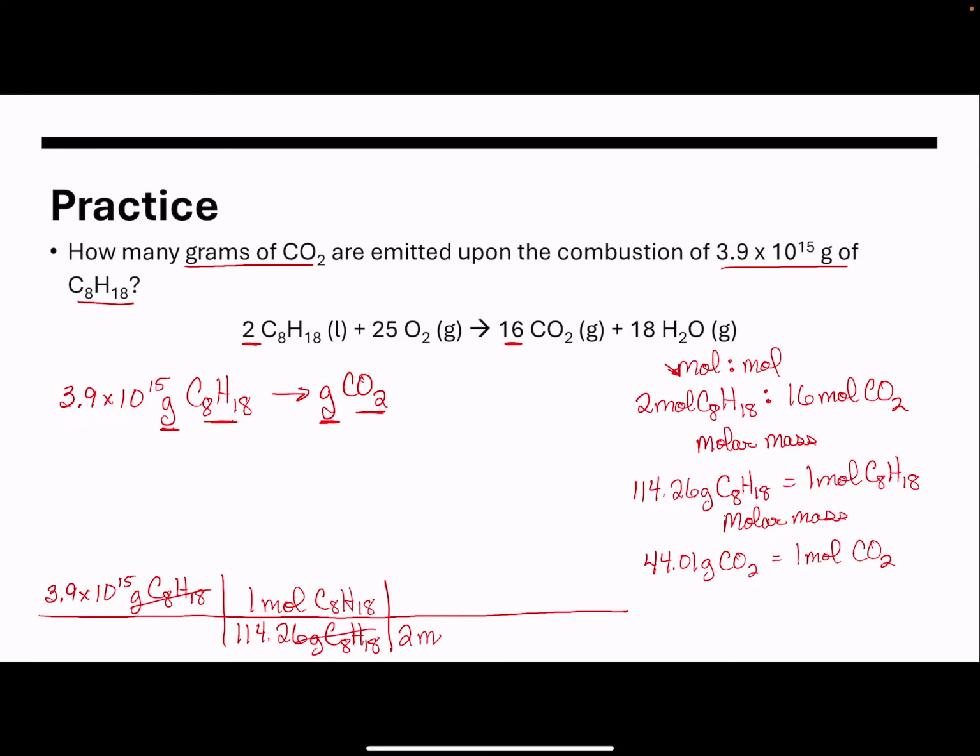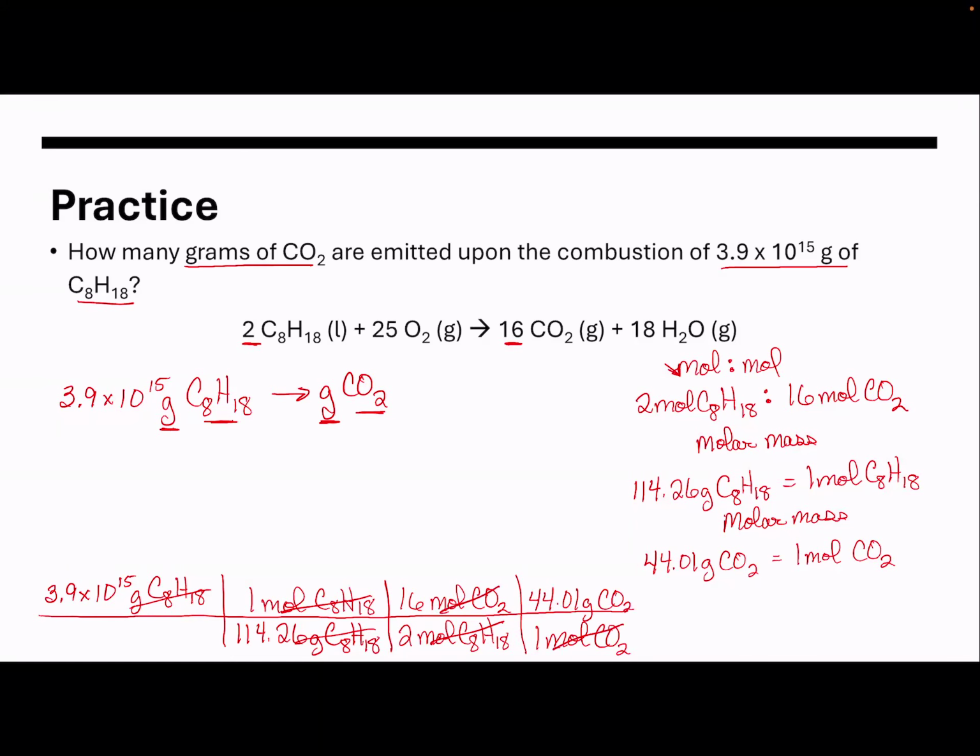There are 2 moles of C8H18 for 16 moles of CO2. Now, the moles of C8H18 went in the denominator so that the unit and the substance would cancel, leaving me moles of CO2. Now I can use the molar mass of CO2 in order to convert that into mass of CO2. For the molar mass, the moles of CO2 go in the denominator with the 44.01 grams of CO2 in the numerator.